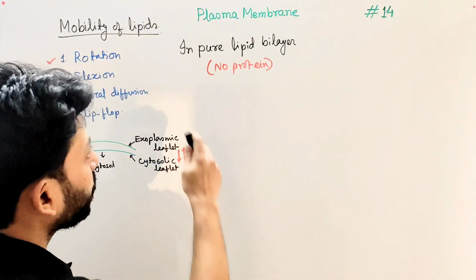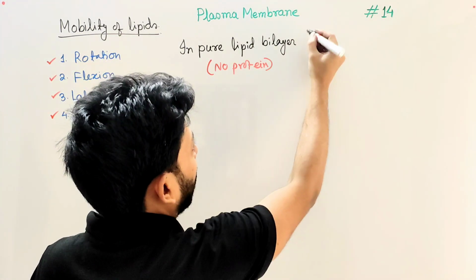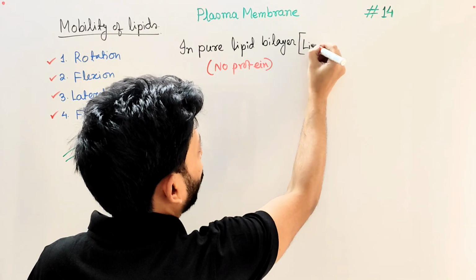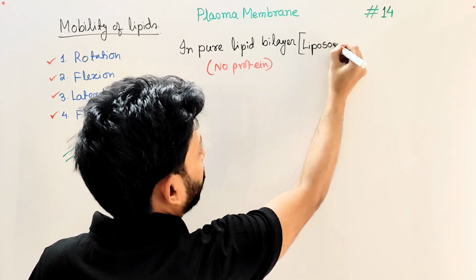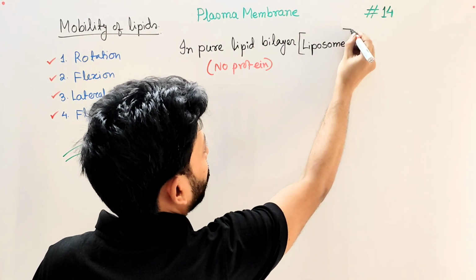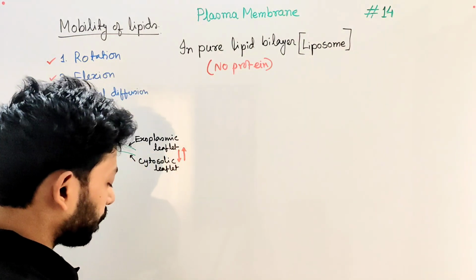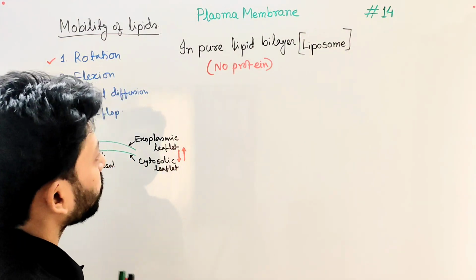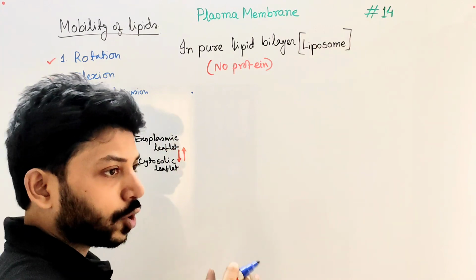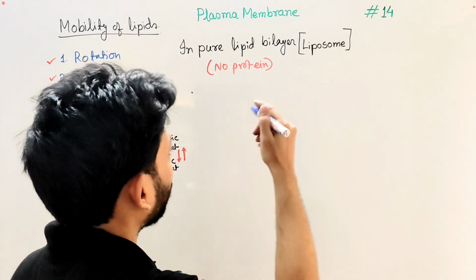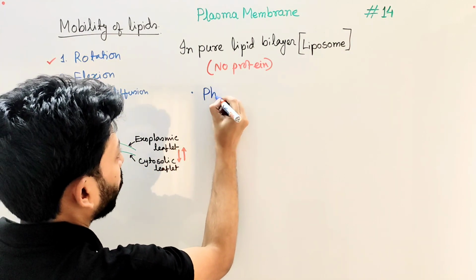So at first, in pure lipid bilayer, this is called liposome. I have already mentioned what is liposome in my previous videos. So in pure lipid bilayer, scientists found that 3 different lipid molecules are present in the plasma membrane. One is called phosphoglycerides, I have already mentioned.